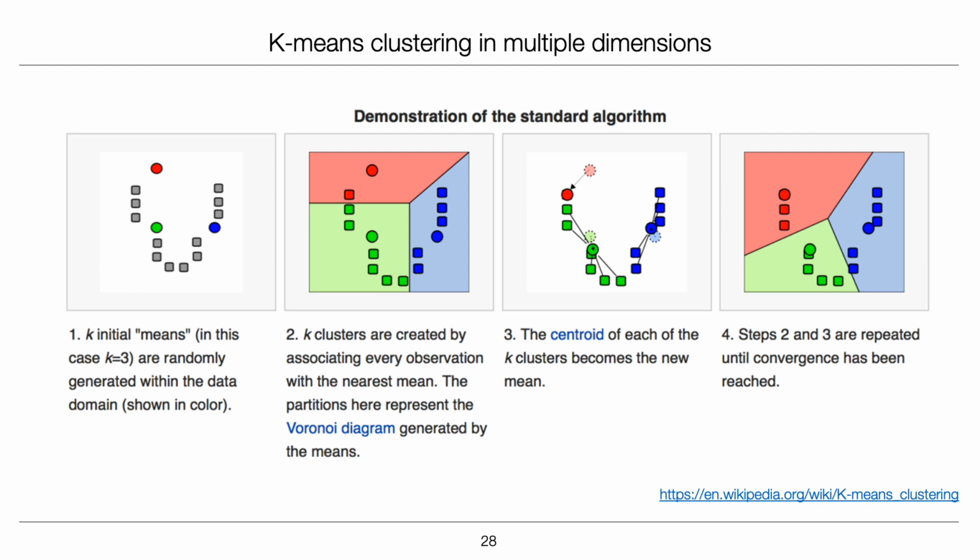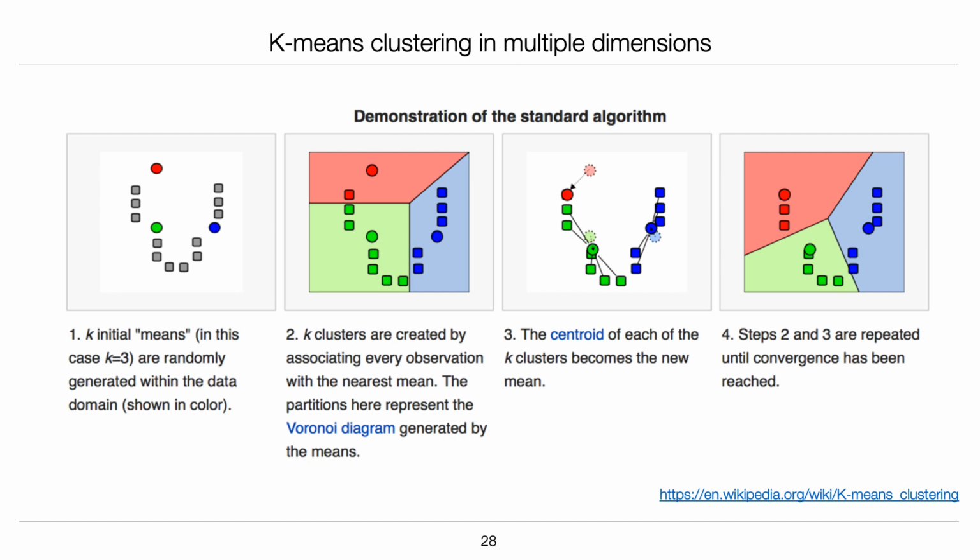In step 2, k clusters are created by associating each data point to the nearest cluster center. In this illustration, the space is partitioned according to the Voronoi diagram generated using the 3 cluster centers.